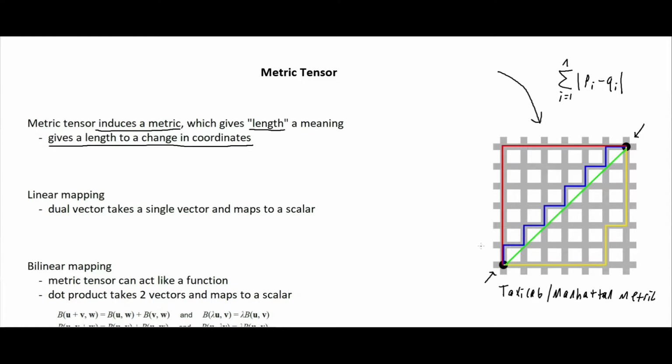If this is your p1 and your q1 here, that's just the distance from here, then this is your p2, and so you're just adding each of those distances up. In Euclidean, I'll write that over here, it's the summation from i equals 1 to n of (p_i minus q_i) squared, and then that whole thing square root.